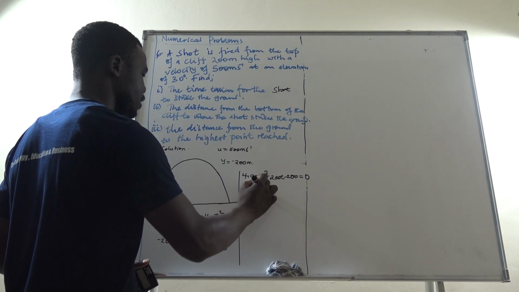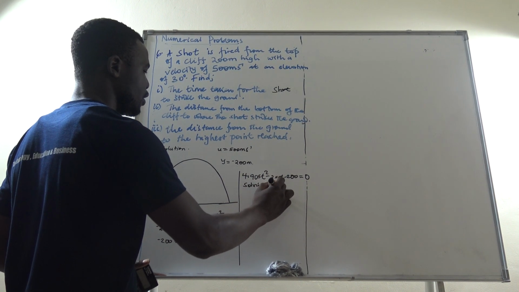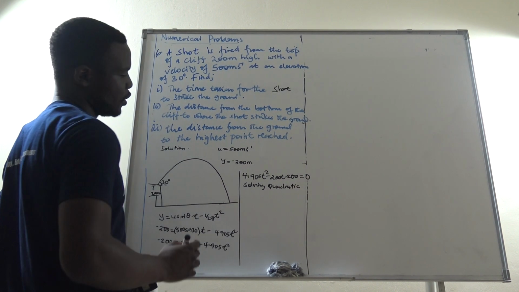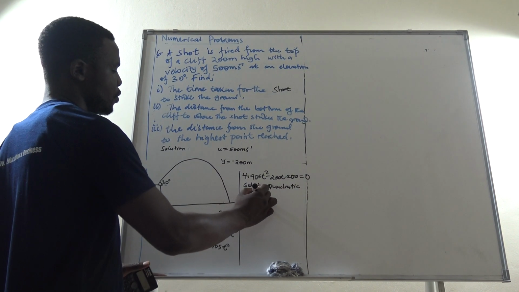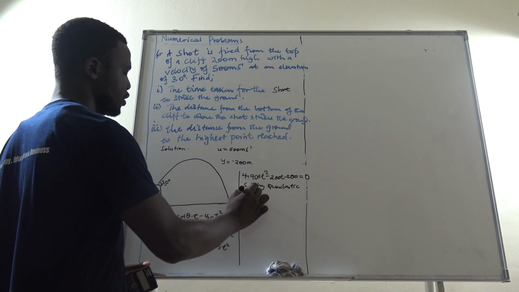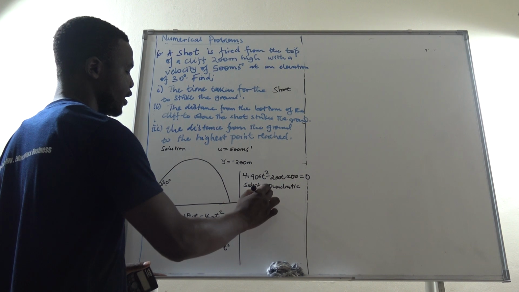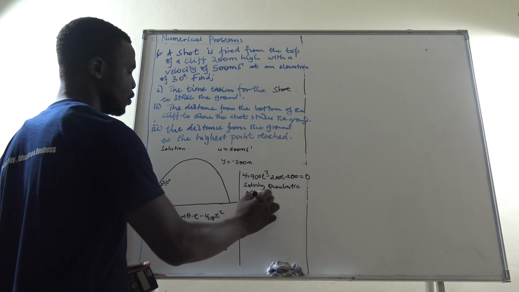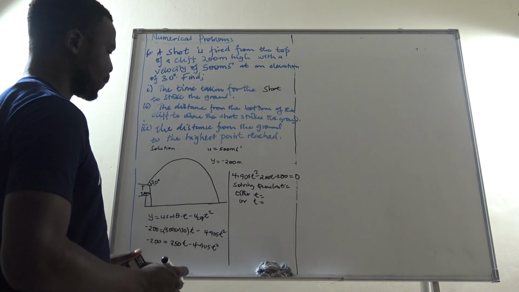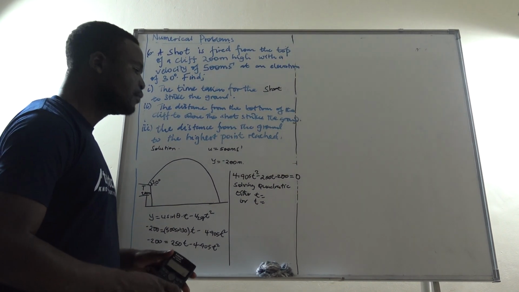This is a quadratic equation. So when we solve it, we expect to have two values of t. Either t is equal to one value or t is equal to a negative one.